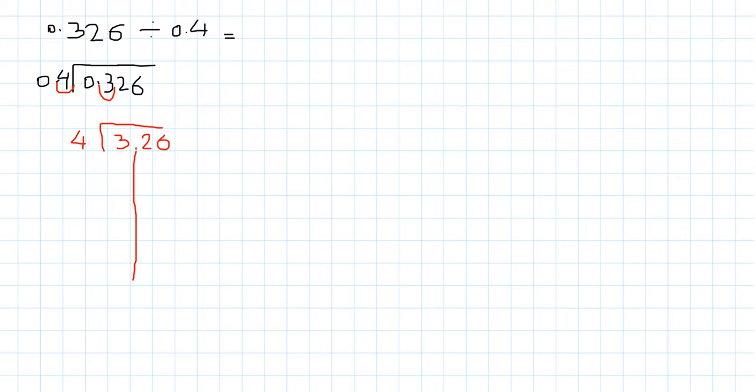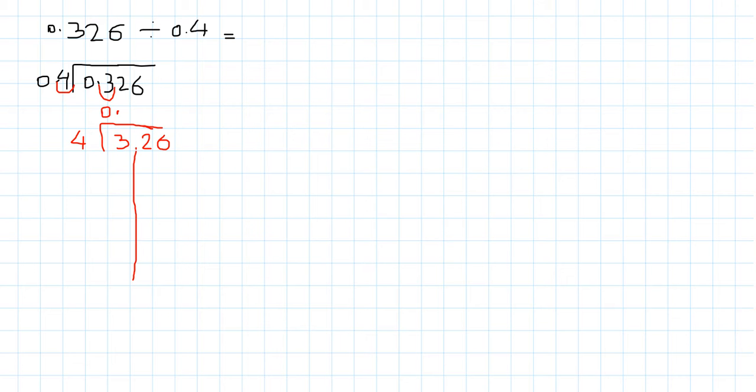So let's try. At first I separate 3. I ask how many 4 are there in 3? Say nothing. Yes. So I separate 32. Now because I jump the wall, I put a decimal point here, 0 point.